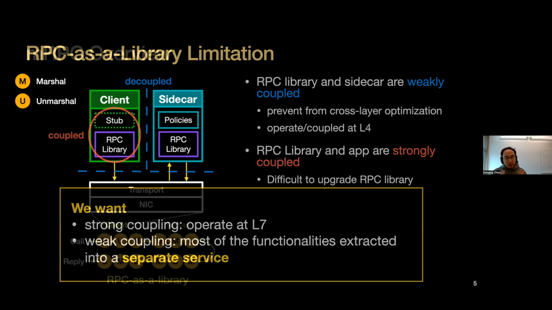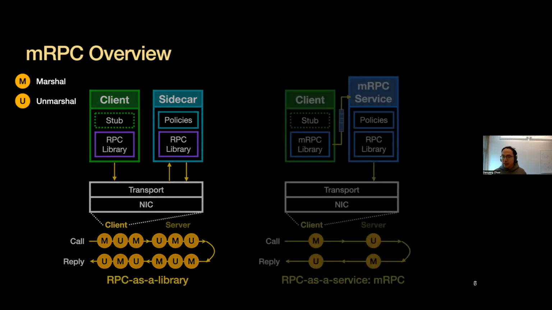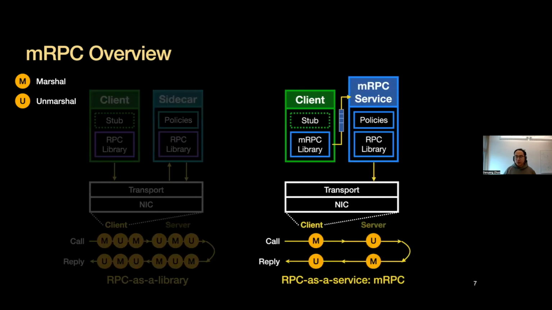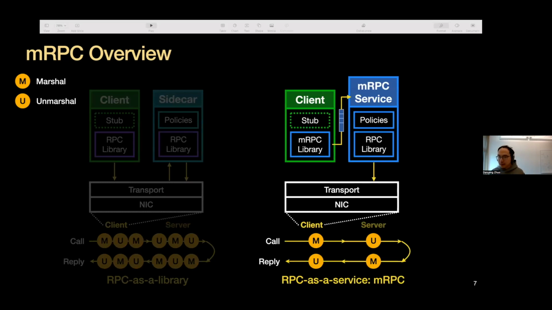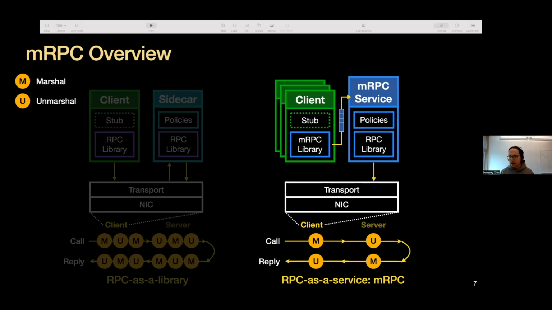So here is the traditional RPC library with a sidecar, and here is our new design of mRPC. In mRPC, we only need to marshal once on the client side in the mRPC service. The mRPC service is a shared system service running on the machine, and many different clients talk to the same mRPC service.